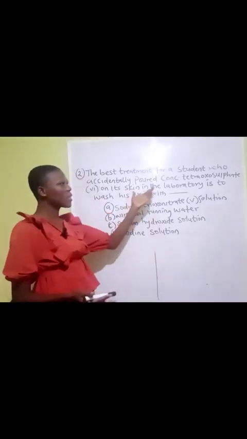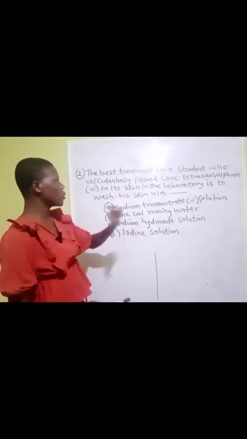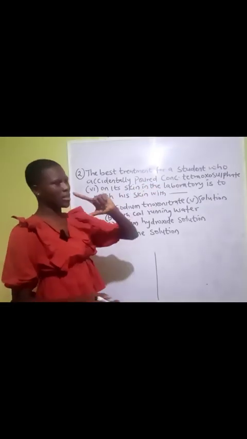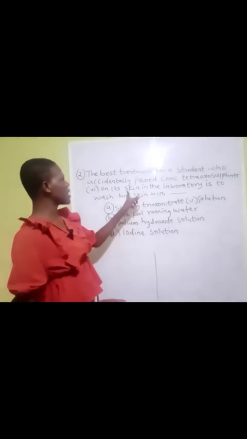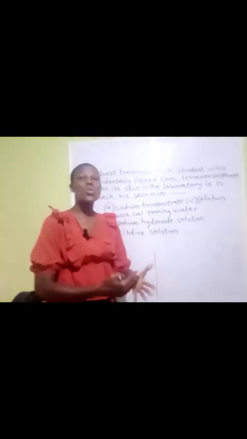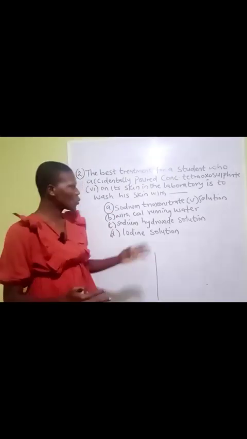So such a thing can happen. So what do you do when it happens? Take note, this acid is concentrated. Now it pours on his skin, and that means it will cause damage on his skin.